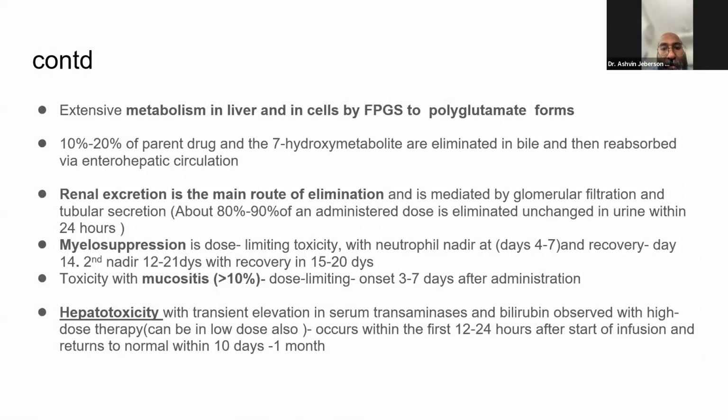And the other thing is nephrotoxicity, because if your creatinine clearance is bad, there will be delayed excretion of methotrexate, due to which the toxicity will go up, because you want the renal excretion of methotrexate to happen at the earliest, since the most important route of excretion of methotrexate is renal. If your renal function is not working, then the drug will stay in the system for a long time, and that can cause toxicity.